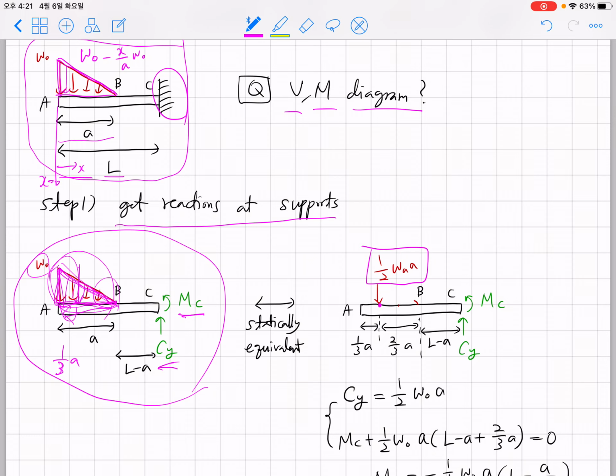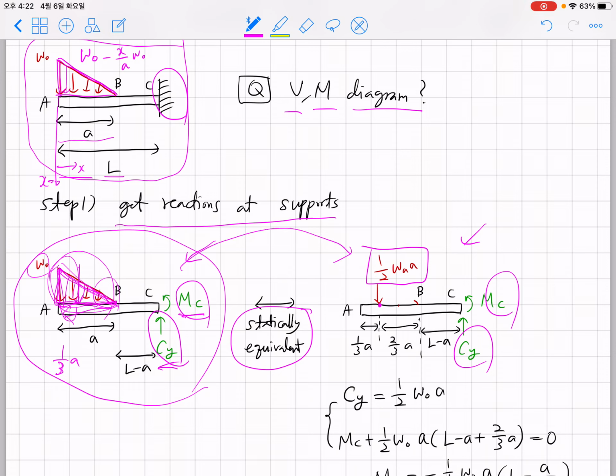So what I mean by statically equivalent is that whether you solve this problem, the reaction at C, CY, and MC must be the same if you replace this distributed loading using point loading. Of course, the bending of this problem and the bending of that problem are different. So in the final answer, after obtaining MC and CY, you always have to go back to the original problem and think about how you obtain Vx and Mx.